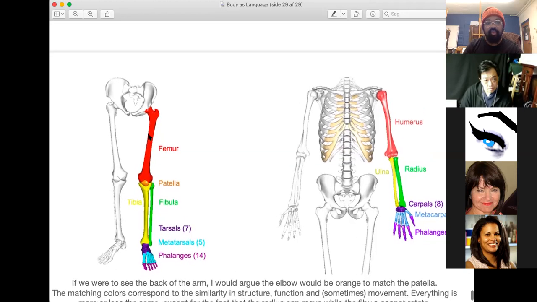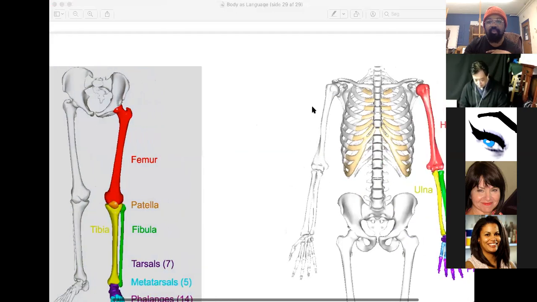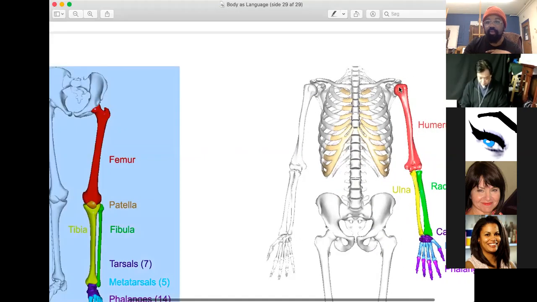One good example actually is the gluteus maximus. The gluteus maximus and gluteus medius can be compared to the deltoid. They're large muscle masses that cover up protruding bone areas. Namely, the gluteus maximus will cover up the greater trochanter, and the deltoid would cover up the humerus.